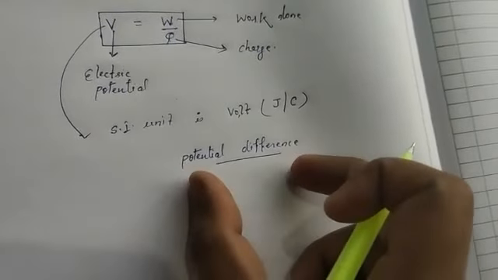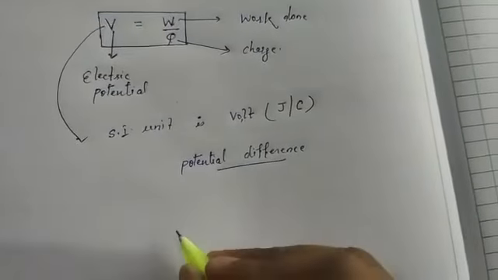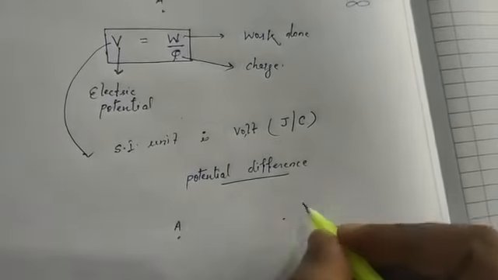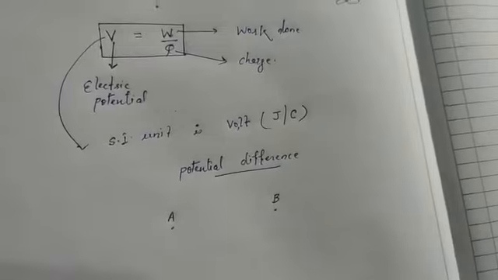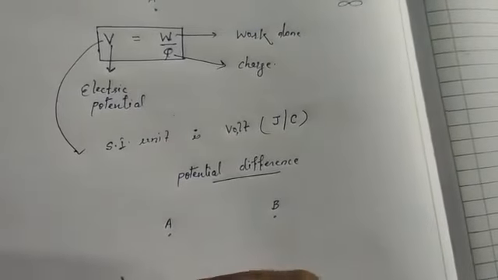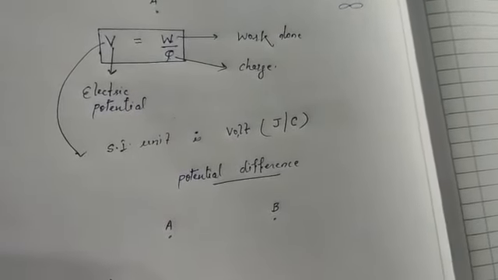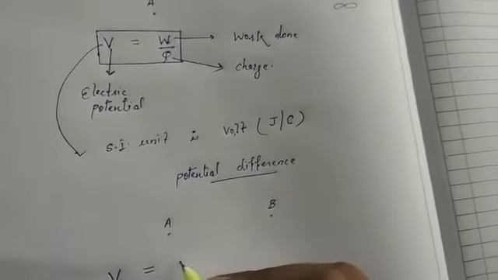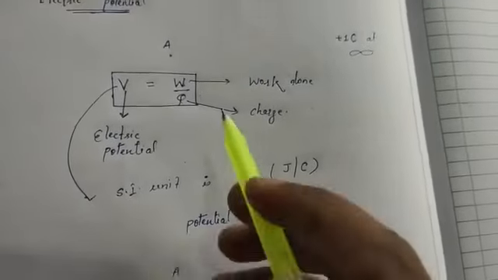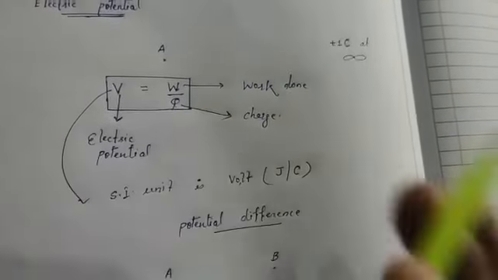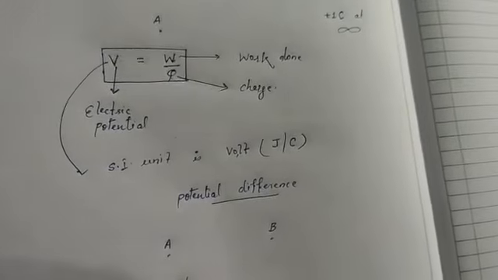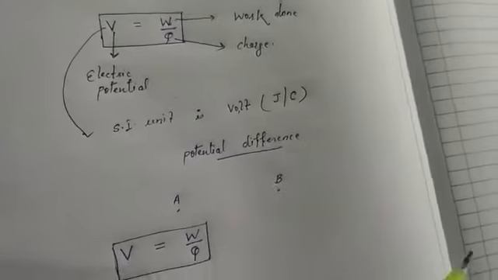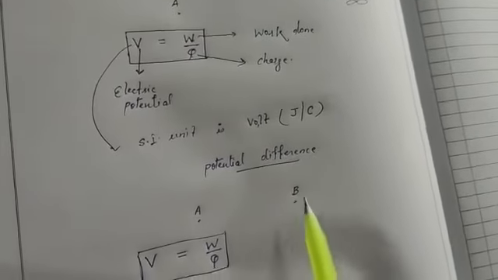To understand the concept of potential difference, we have to assume 2 points, point A and B, and this potential difference, which is also denoted by V, is given the same as in terms of electric potential, that is V equal to W by Q. But in this case the definition is something else.